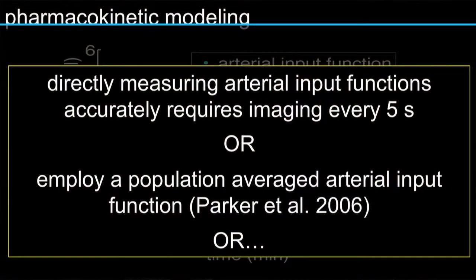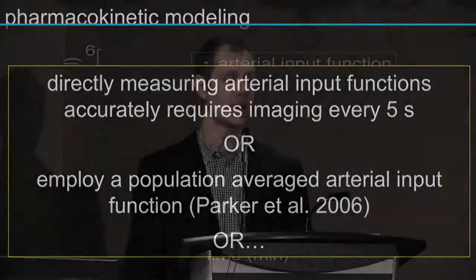So if you don't have imaging at 5-second temporal resolution, maybe because you want to push spatial resolution or signal to noise, then you have to do something like employing a population averaged arterial input function. You're no longer getting patient-specific normalization for contrast agent delivery, but you can scale these population average arterial input functions to match things like your injection protocol. So now you can get some form of protocol-specific normalization, which isn't perfect, but it's better than nothing.